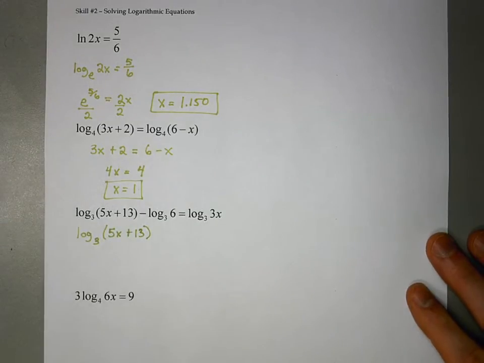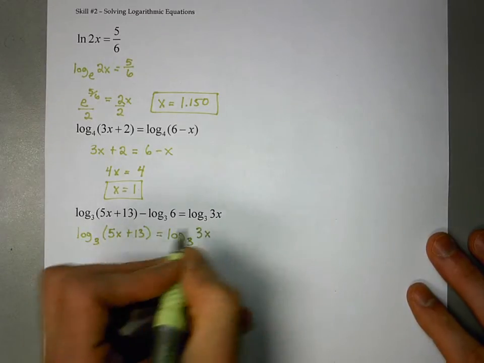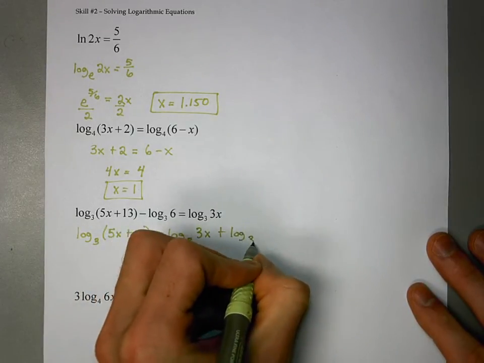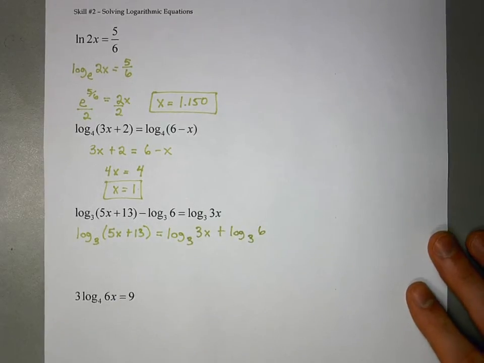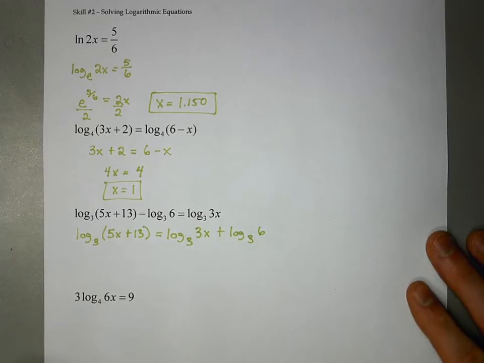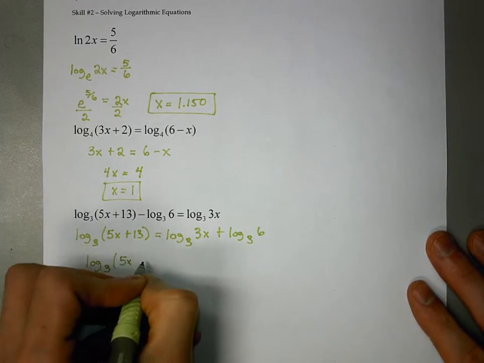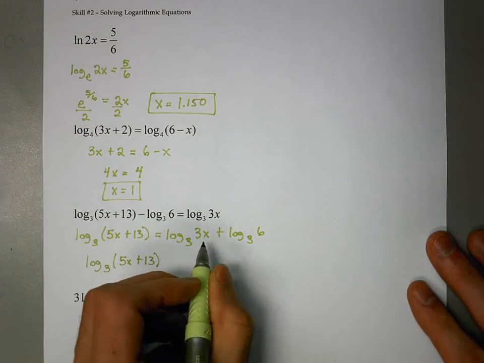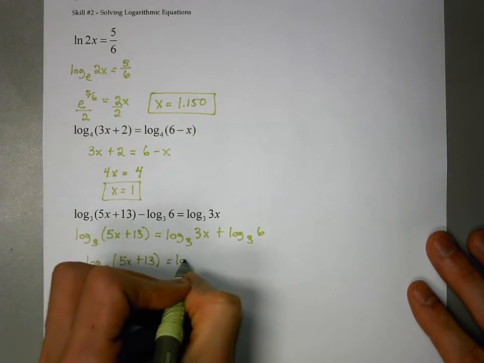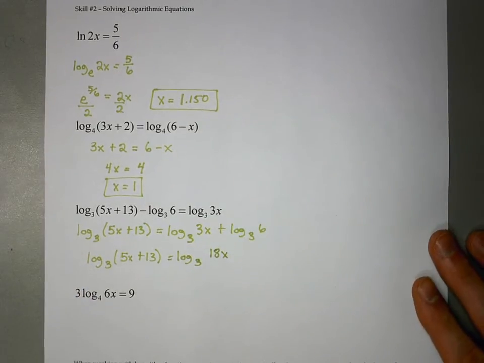I'm going to move my log base 3 of 6 to the other side. You can see on the right-hand side now they both have the same bases. I'm adding 2 separate logs, so I'm going to apply the product property. So 3x times 6 is really 18x.